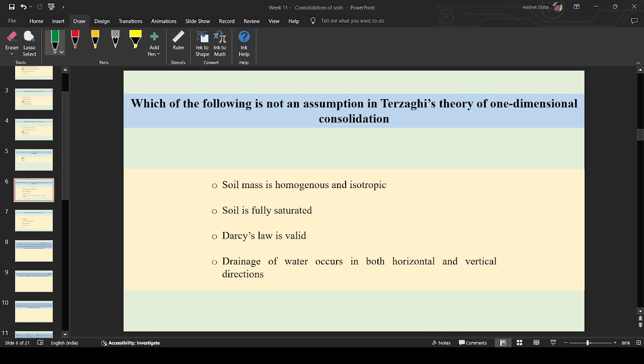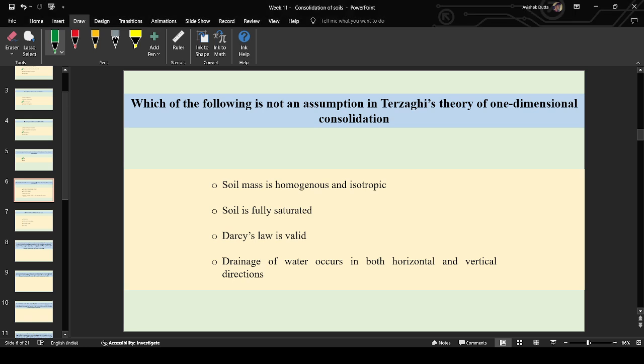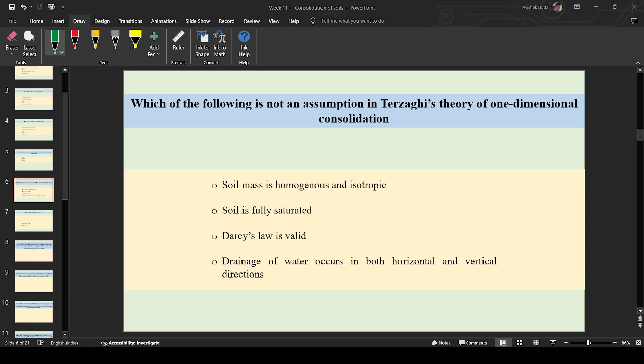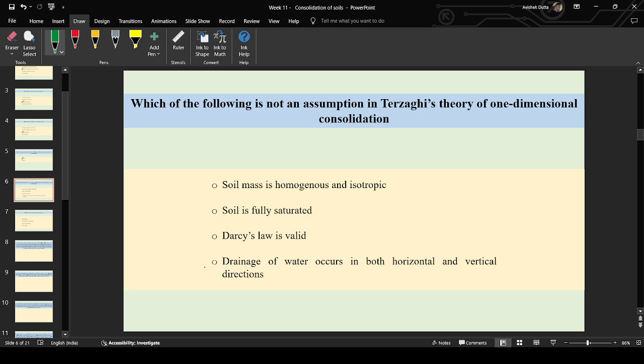Which of the following is not an assumption in Terzaghi's theory of one-dimensional consolidation? What is the answer? Sir, option D. Drainage occurs in both horizontal and vertical directions. So, what should be the assumption?